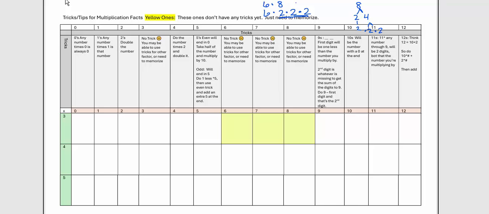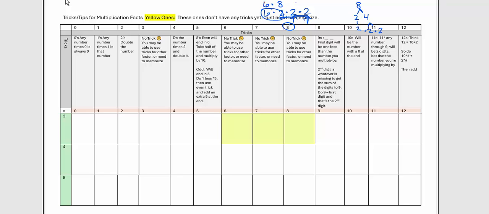That's the same as 6 times 8. So 6 times 2 is 12, times 2 is 24, times 2 is 48. So for the 8s, think of the 4 trick, but then just double it. You would do times 2 and then double it, and that would be times 4, and then double it again. That would be times 8.